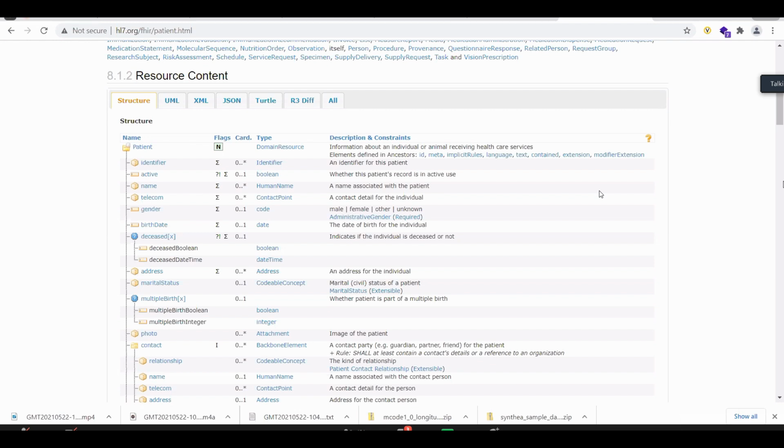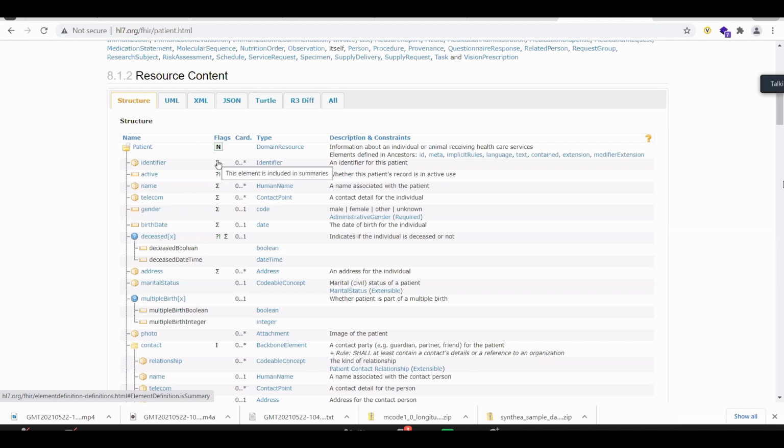Cardinality is about whether that attribute is optional, mandatory, or repeatable or not. Then the type is the data type of the attribute, and then a description. Now, I talked about these flags. N is for normative, that we understand.